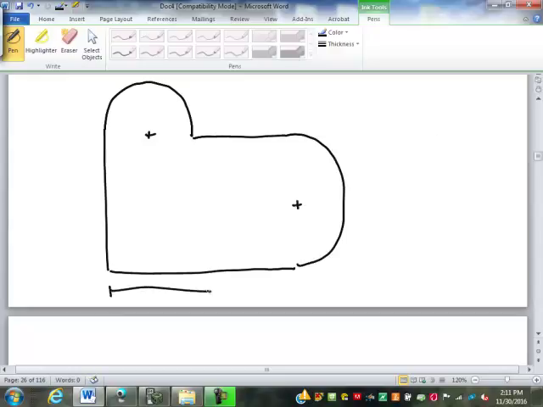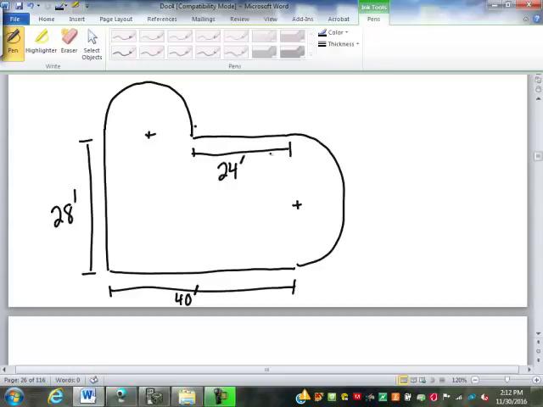I'm going to give you this length here to be 40 feet. This length here I'm going to give you as 28 feet. And this length from here to here I'm going to give you as 24 feet. I want to find both area and perimeter of this.